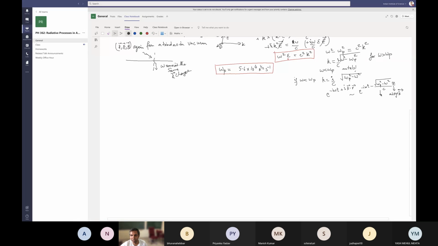Okay, so this is the attenuation that we were talking about, attenuation in the plasma for omega less than omega p.